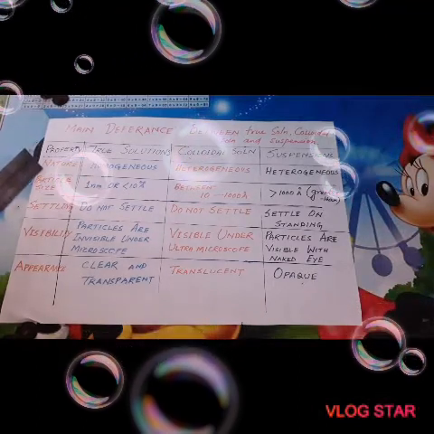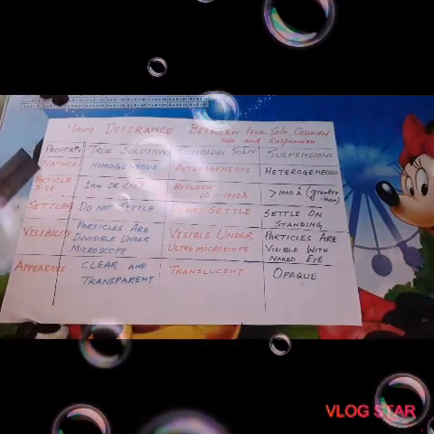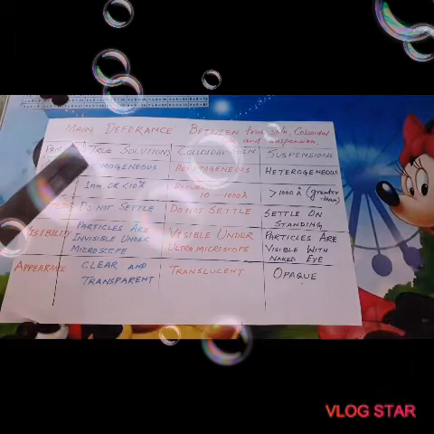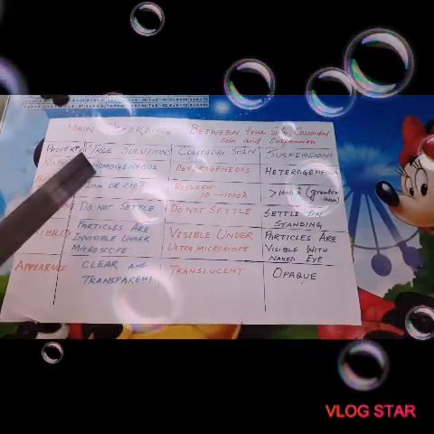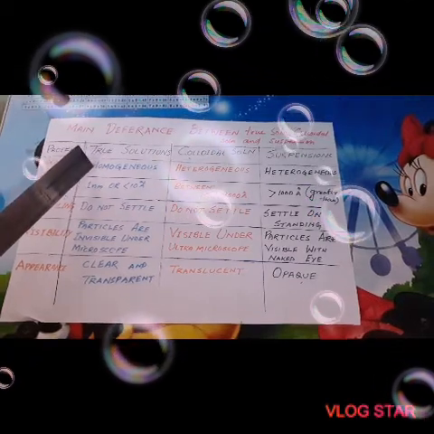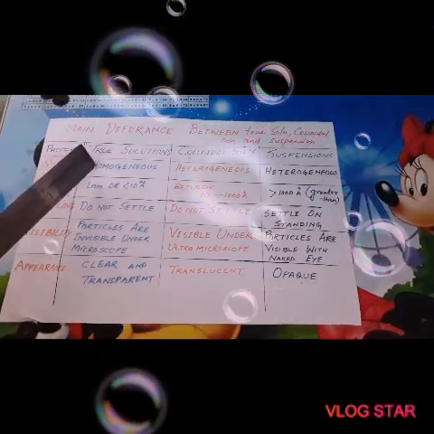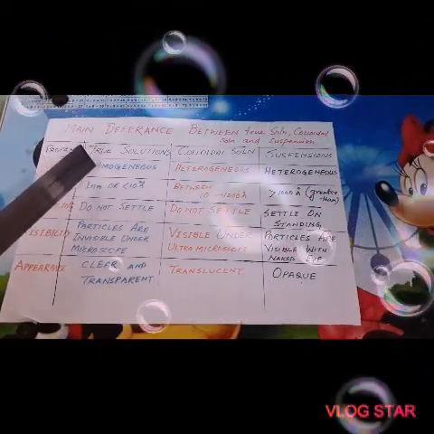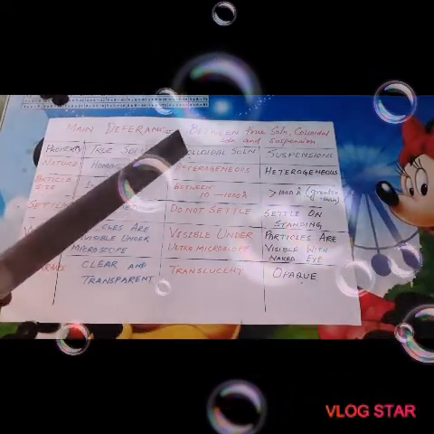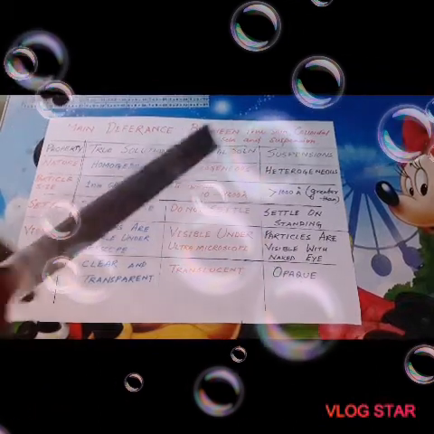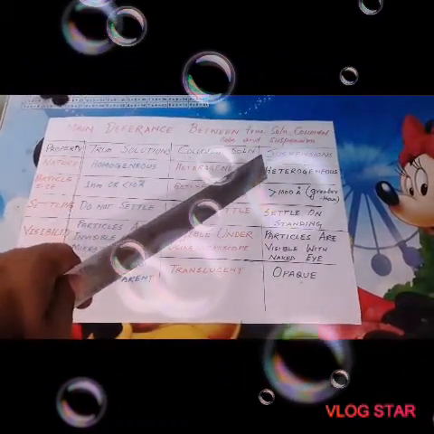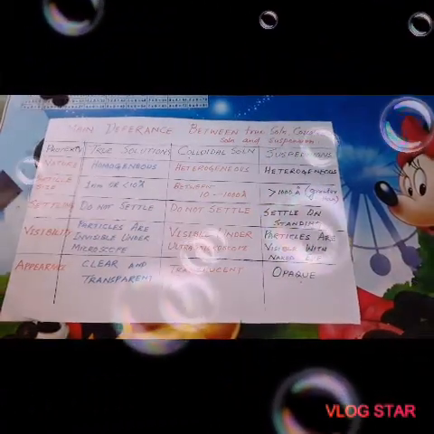If you go through the first property, that means nature, true solution is homogeneous in nature. Homogeneous means it mixes easily and no constituent can be seen. And colloidal solution is heterogeneous in nature, and suspension is also heterogeneous in nature.